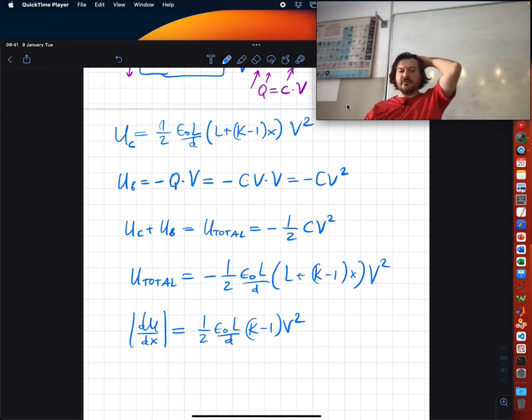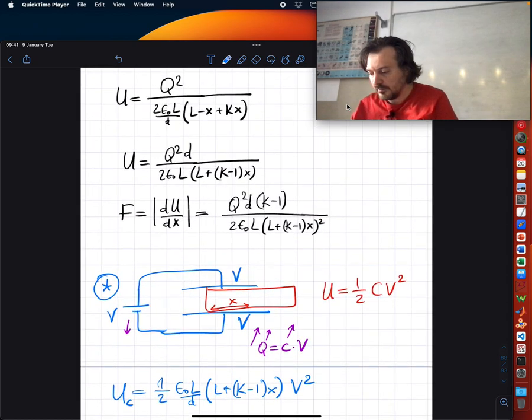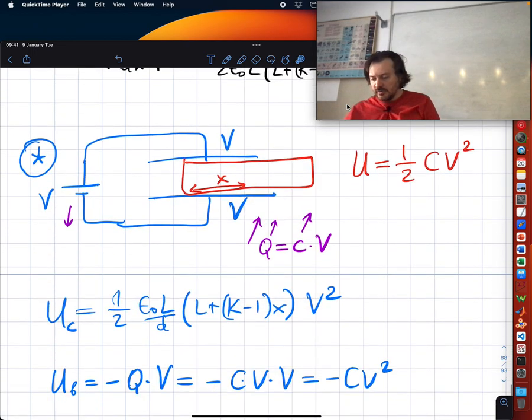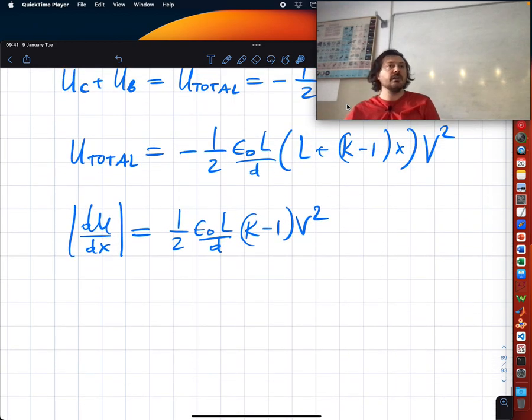I get a different expression for the force. Do you remember the previous expression? The previous expression was like this. Actually, this time it's independent of X. Exactly. Do you see it?